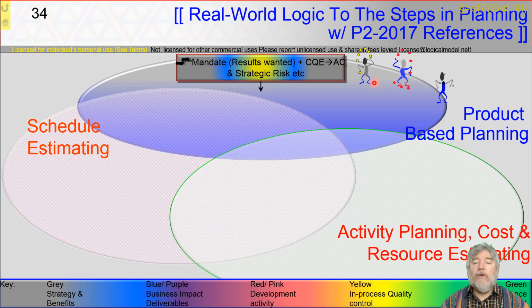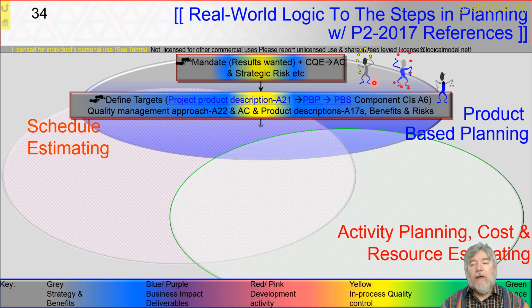And the conversation moves on from the mandate by ensuring that that element of the business that's the user community is able to define its targets in terms of the project product description, to use the Prince phrase, or the epics, to use the Agile phrase, or the work breakdown structure, to use the PMBOK phrase, or the product breakdown structure, PBS there, created as a result of using this technique here, product-based planning.